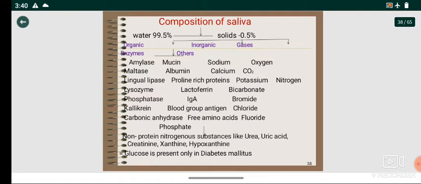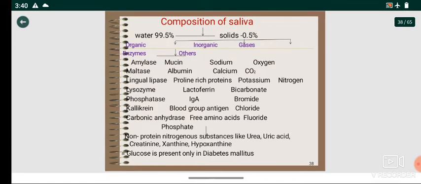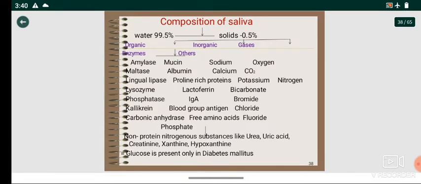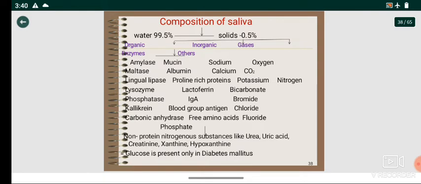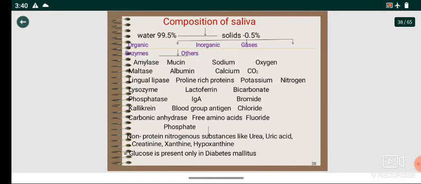So it is a watery secretion. We should know that saliva is a hypotonic secretion which contains 99.5% water and only 0.5% solids. Out of these solids, organic enzymes, inorganic substances and other substances are there.